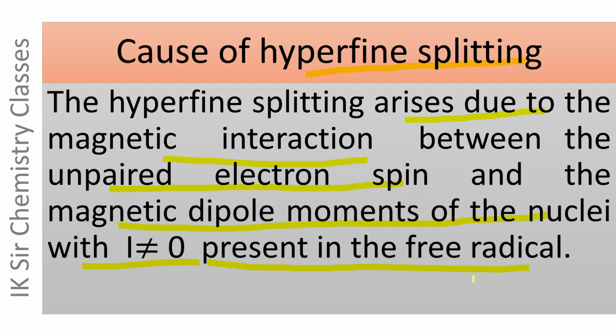If the free radical species contains some nuclei whose nuclear spin is not equal to 0, then magnetic interaction takes place between the unpaired electron spin and the magnetic dipole moment produced by such nucleus.